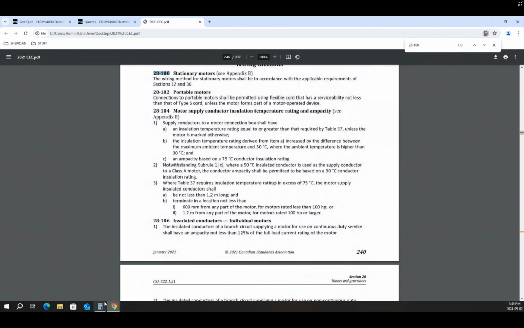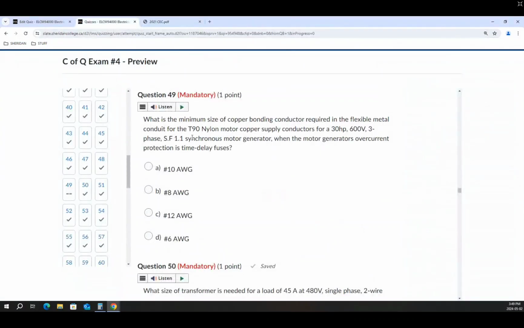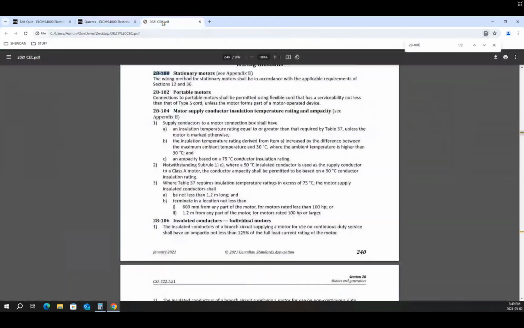Okay, so I'm going to have to go times 1.25. That's 32 and a half. And 600 volt, so it's going to be 75-degree column.